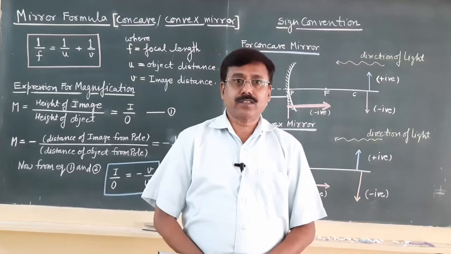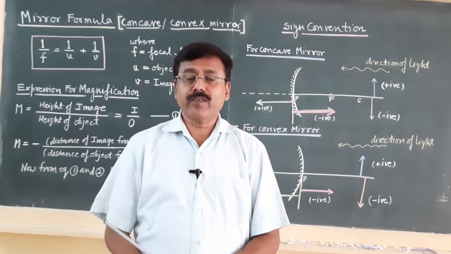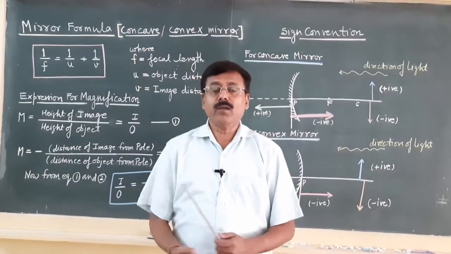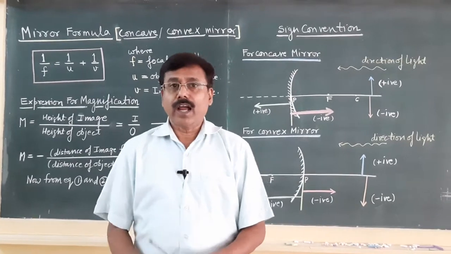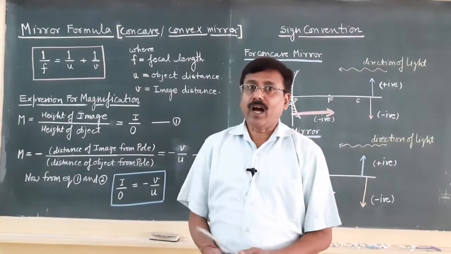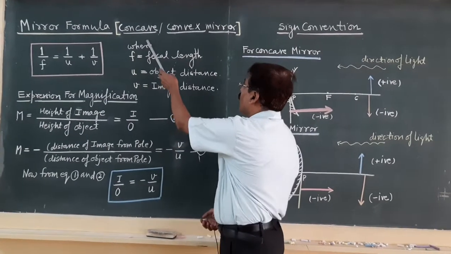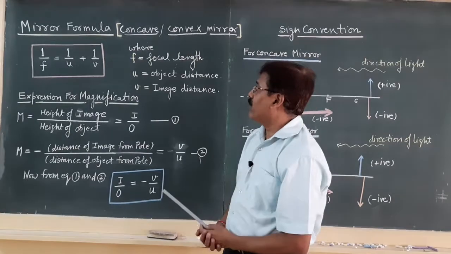We will discuss mirror formula and expression for magnification with the help of rules for sign convention. The formula for mirror is the same, either the mirror is concave or convex. And what is the mirror formula?